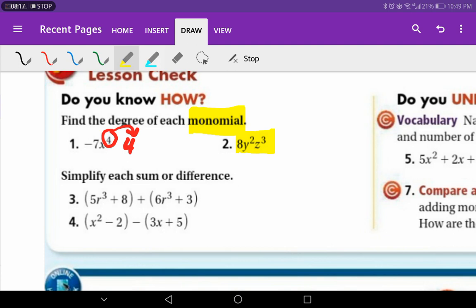Remember, add the powers of the letters or the variables. This power is 2 and this power is 3, so 2 plus 3, the degree of this will be 5. You know the technique: the degree of a monomial is just the sum of the powers of the variables.